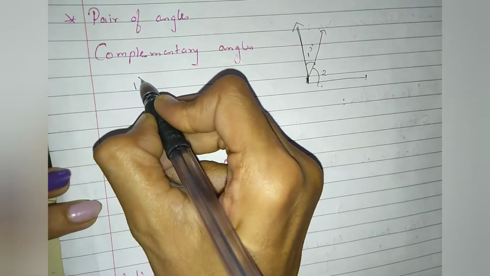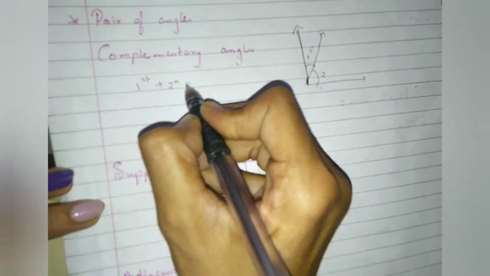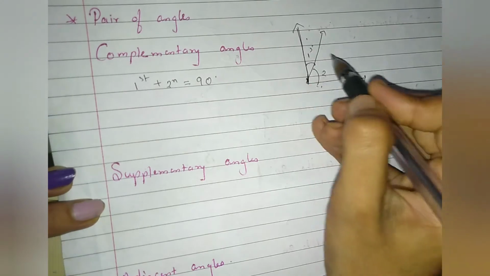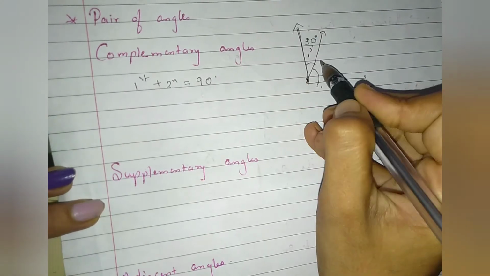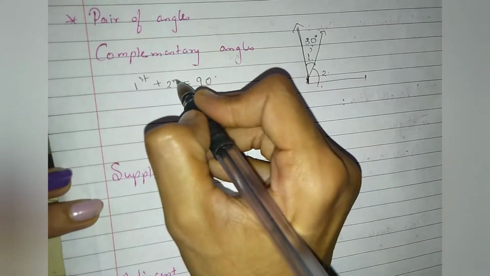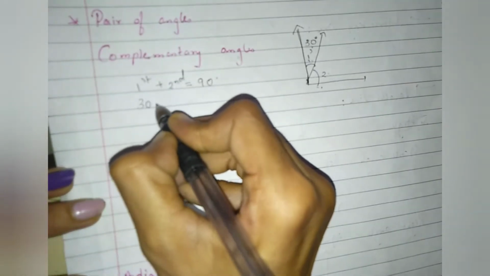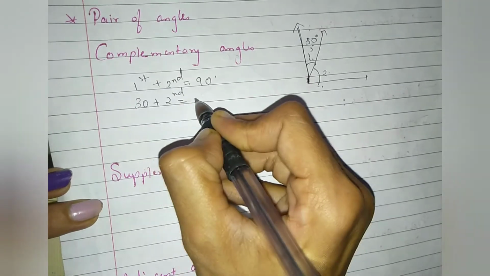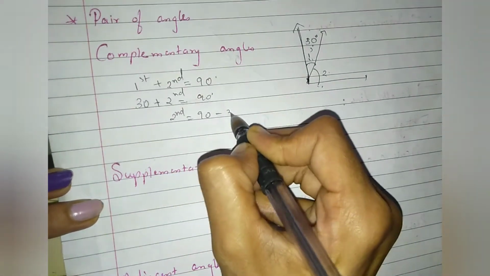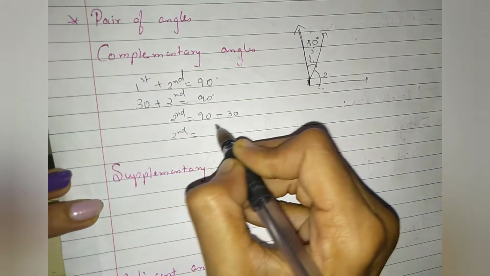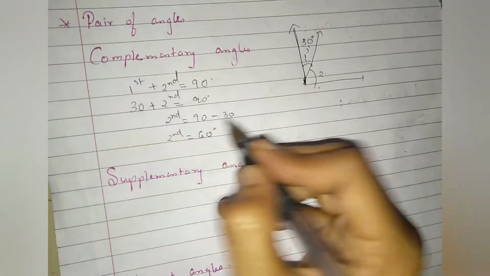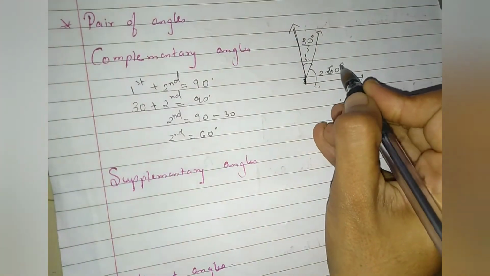Now first angle plus second angle is equal to 90. If you are given the first angle as 30 and we have to find the second: 30 plus second equals 90 degrees. So second equals 90 minus 30, which is 60 degrees. So the second angle is 60 degrees.